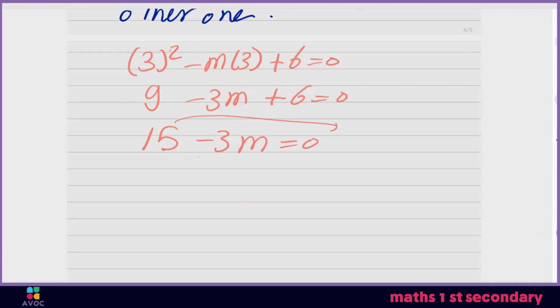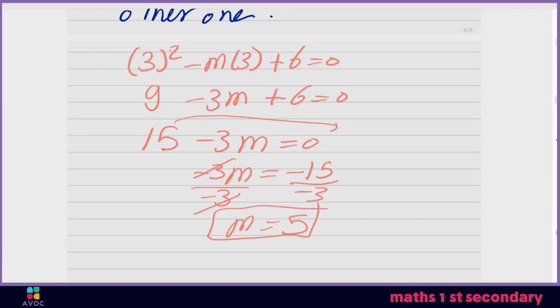So transfer 15 to the other side: negative 3m equals negative 15. By dividing both sides by negative 3, m equals negative 15 divided by negative 3, so it will be 5. So the value of m here equals 5.